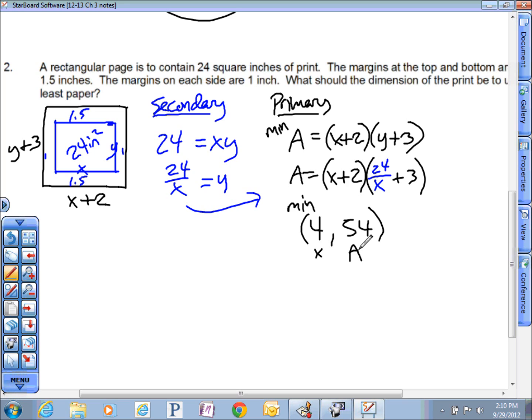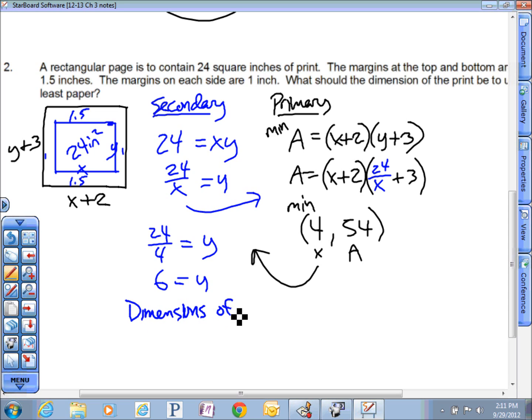This question was asked, what are the dimensions of the print? So we need to take this x value back over here to find the y value that goes with it. 24 over 4 would tell me that my y dimension ends up being a 6. So my dimensions of print would be 4 inches by 6 inches.